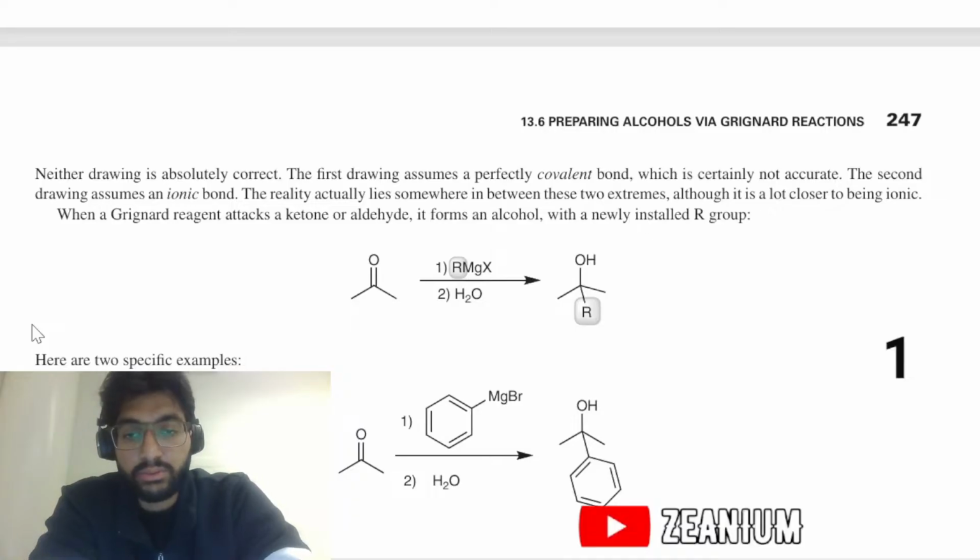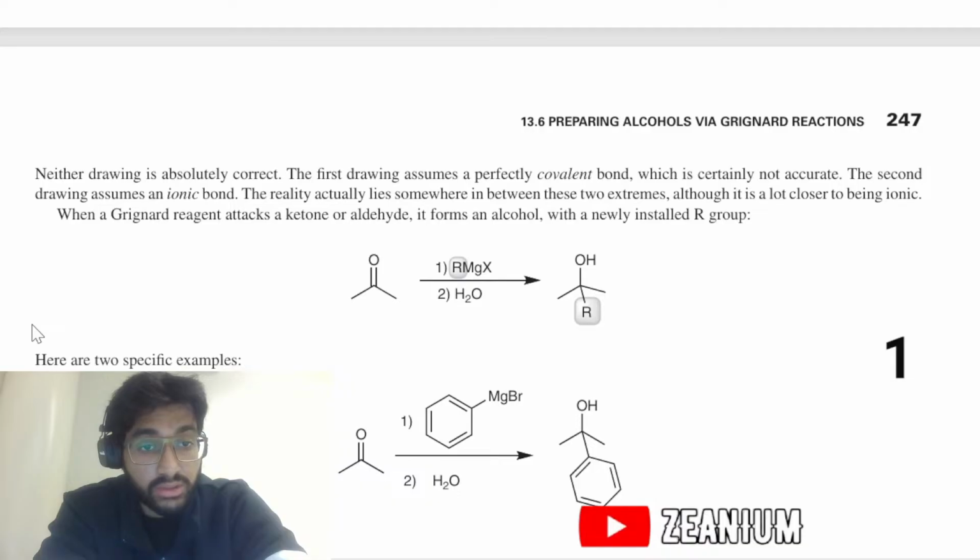Neither drawing is absolutely correct. The first drawing assumes a perfectly covalent bond, which is certainly not accurate. The second drawing assumes an ionic bond. The reality actually lies somewhere in between those extremes, although it is closer to being ionic.